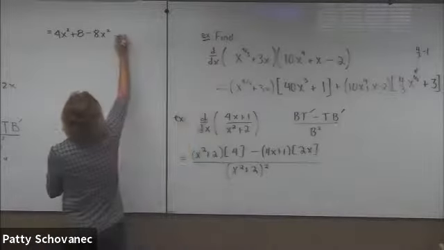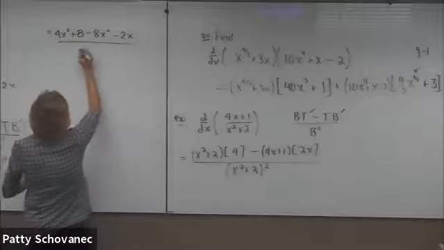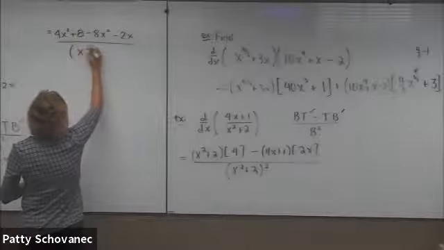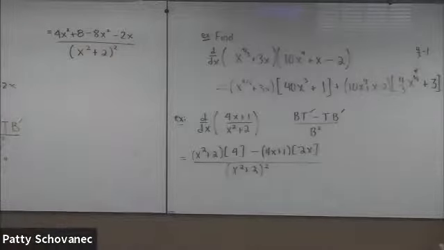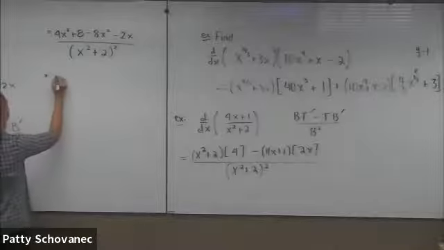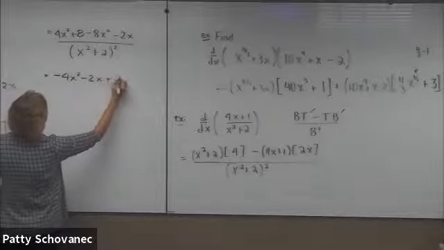Now the minus sign gives me a minus 2x there. There's no reason to multiply the bottom out. Just leave it as a quantity squared. The top simplifies. I get a minus 4x squared minus 2x plus 8.